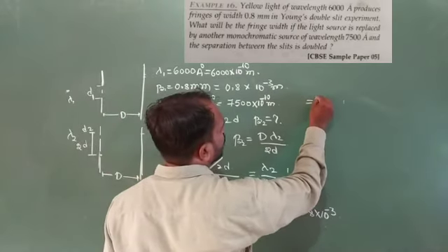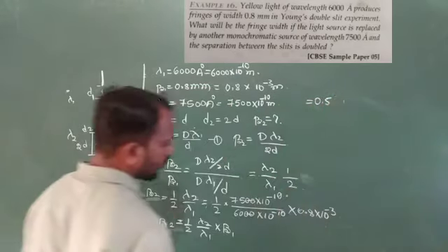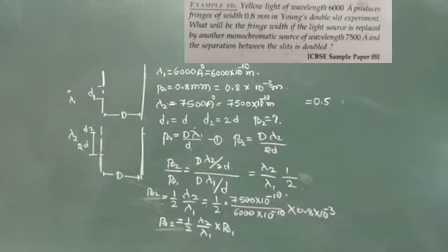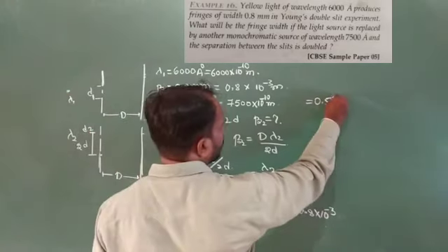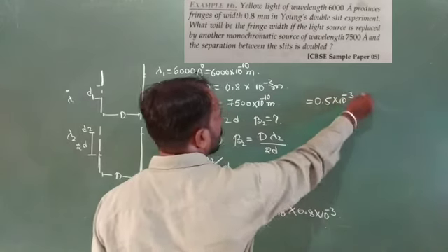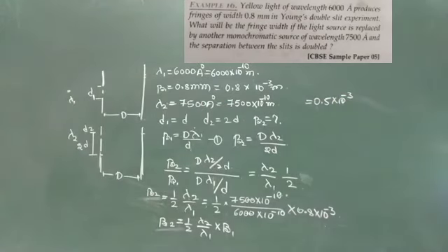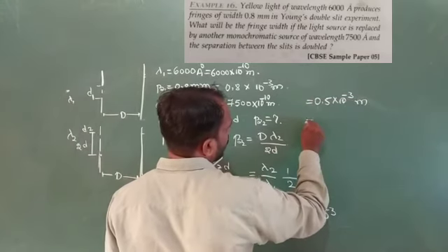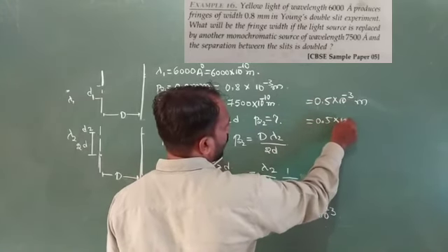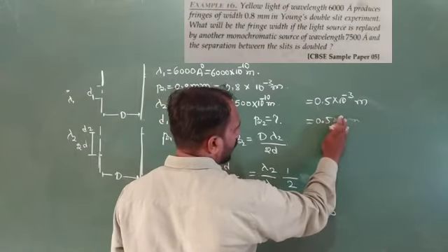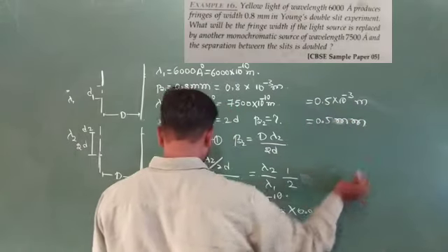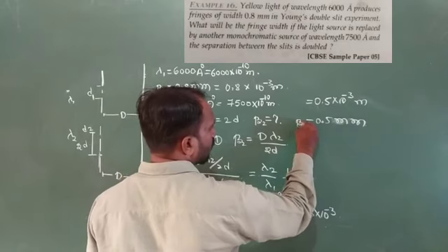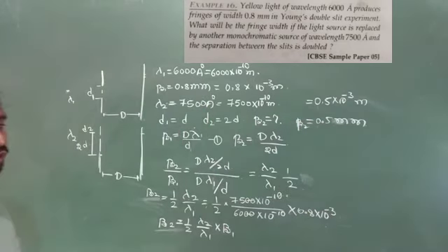It means finally we get 0.5 into 10 power minus 3 meter, which means 0.5 millimeter. So this is the second fringe width, beta 2 is equal to 0.5 millimeter.